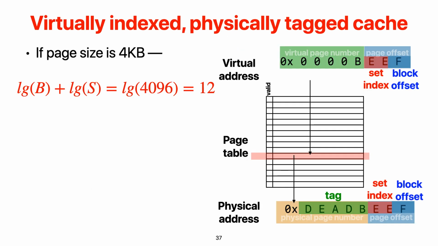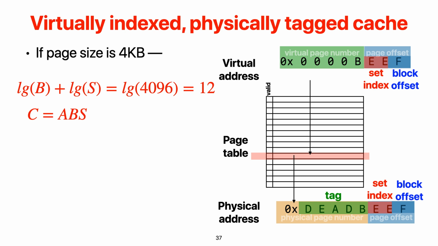As you can see, this kind of cache structure has its own limitation, which is that you must make sure that your set index and block offset fit within your page offset. So if your page size is 4 kilobytes, remember C equals ABS, it also means that your log B plus log S must be equivalent to 12 bits.